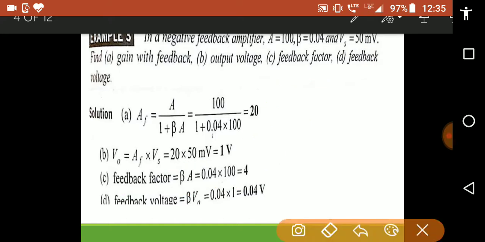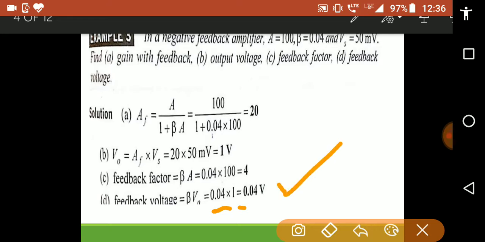We know that feedback voltage is equal to beta V naught. So beta is equal to 0.04 and output voltage is 1. So feedback voltage beta V naught equal to 0.04 into 1 equal to 0.04 volt.